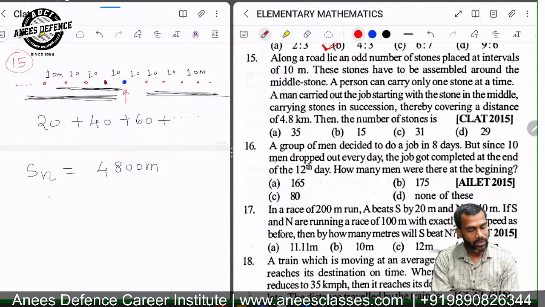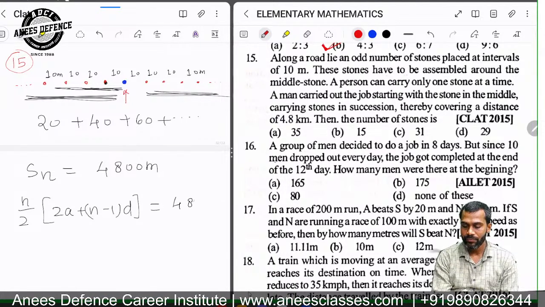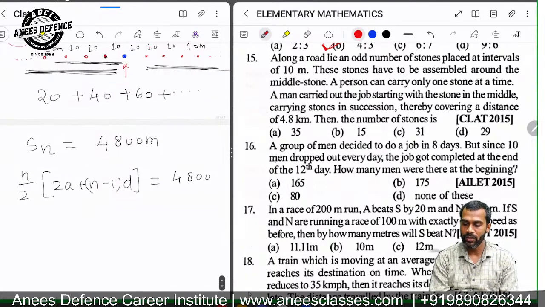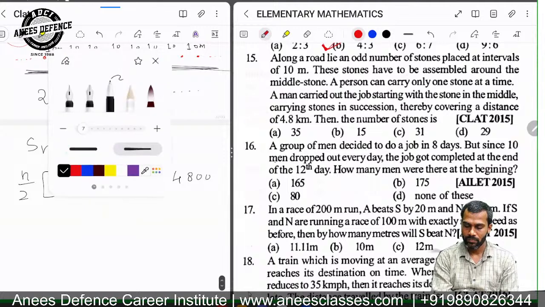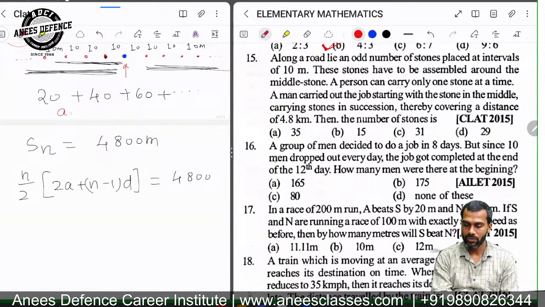Now, what is the first term? What is the formula of Sn? n by 2 into 2a plus n minus 1 into d is equal to 4,800. What is a? It is 20. Yes. What is d? d is 20.